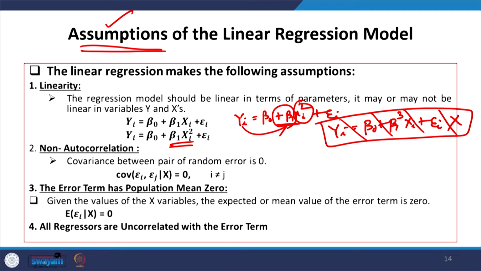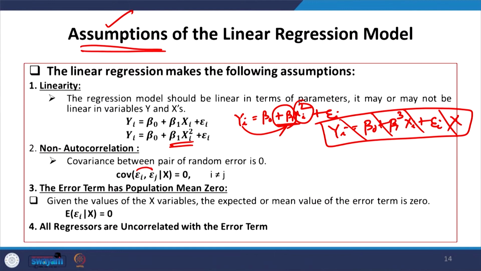Next one is called non-autocorrelation. Autocorrelation, as the word itself says, means covariance between a pair of random errors over time, if there is some continuity in the data. The errors follow a certain path of progress.